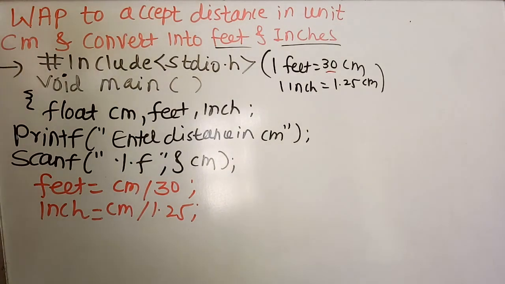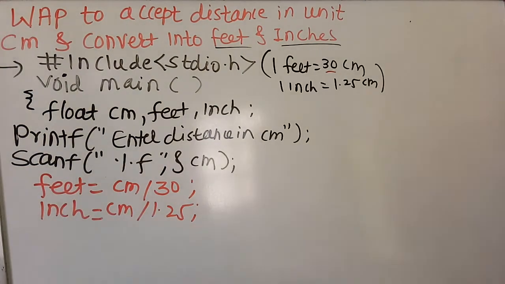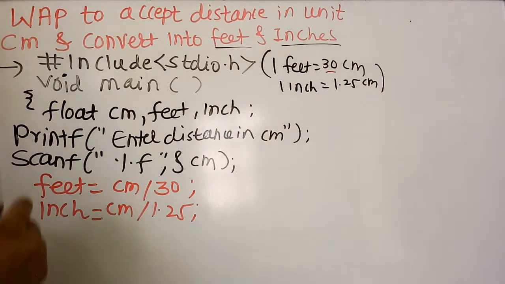While solving any program, you have to first think about that program's logic, then try to find out the variables to handle the data items, and then finally start writing the logic.